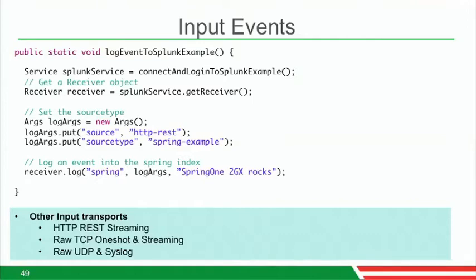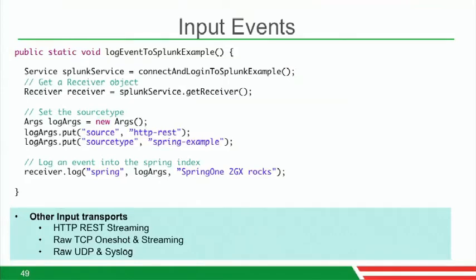So in this particular example, I've connected to Splunk. I've got my service handle. I've got this thing called a receiver object, where the naming correlates to the fact that we've got a receiver's endpoint in Splunk. I'm creating a few arguments here. Basically, I'm tagging my log event with some metadata that Splunk can use. So the source is kind of where it's coming from. The source type is what is this data?